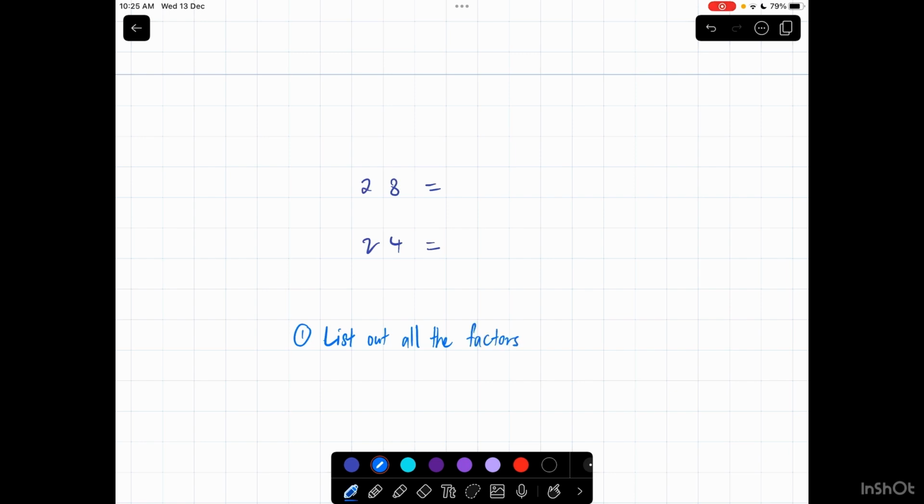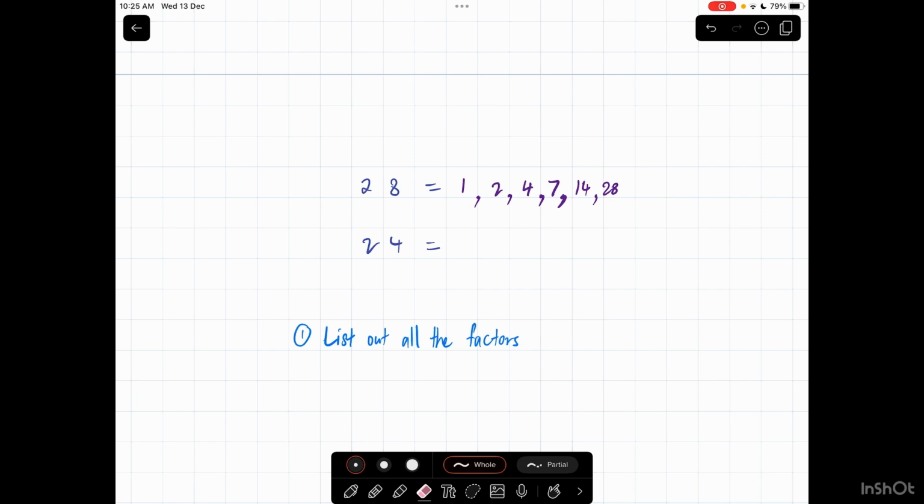Let's start with 1, which pairs with 28. After that 2, which pairs with 14. Then 3, no, and then we have 4, which pairs with 7. Then 5, 6, 7, and then we are back to 7. That means we have completed the cycle. 1, 2, 4, 7, 14, 28.